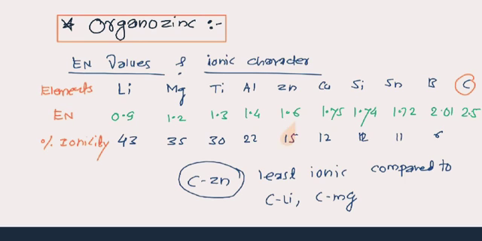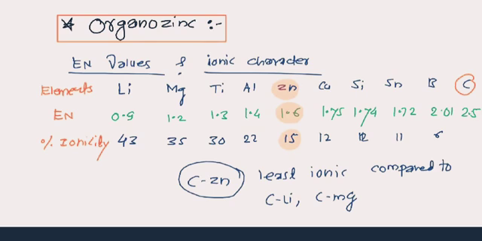Look at zinc: the difference between carbon and zinc is only 1.9 points. So if the difference is less, obviously the ionic character will also decrease.